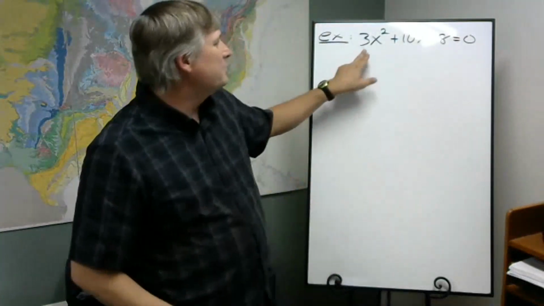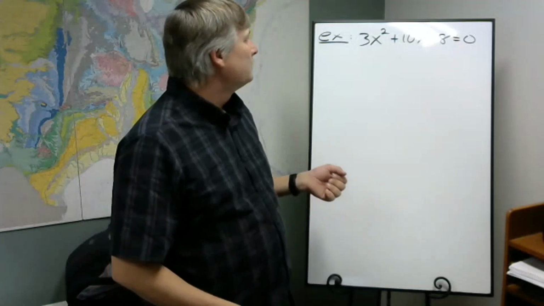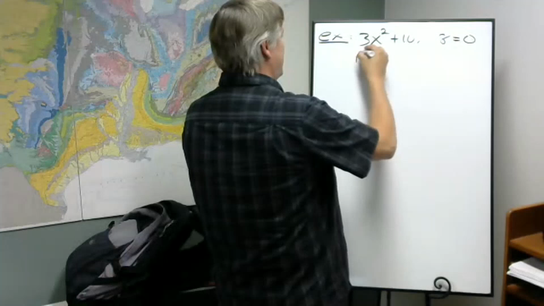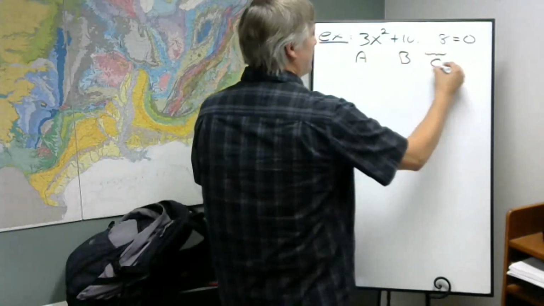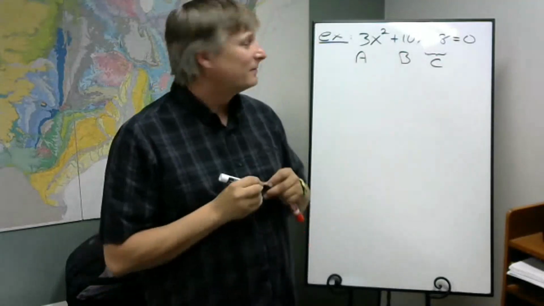So now we've got a number on that x squared, not that invisible 1. So we're going to have to use the AC method. So this is A, B, and then including the sign. I want to include negative signs. That's going to be C.